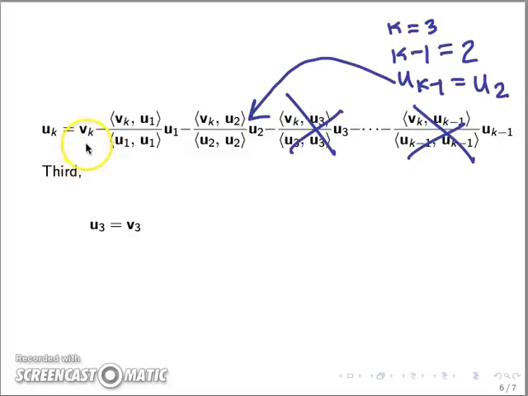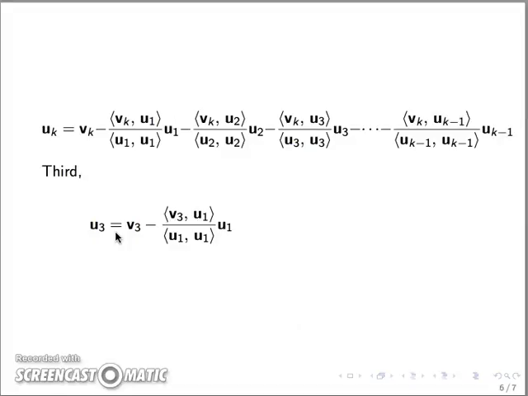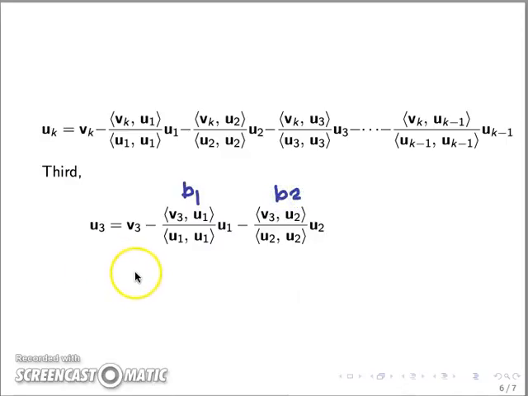So we're going to have u3 equals v3 minus this coefficient multiplying u1 minus that coefficient multiplying u2. So here's where we want to think of these terms as scalars. So I'm going to call this b1 and I'm going to call this b2. So we're really looking at this as v3 minus b1 u1 minus b2 u2, and that's what we need to compute in order to obtain u sub 3.